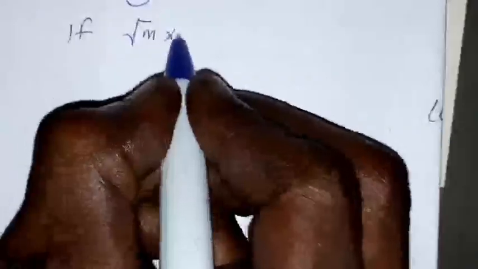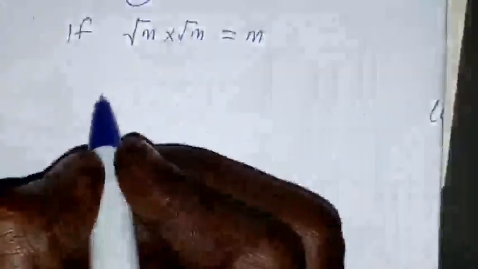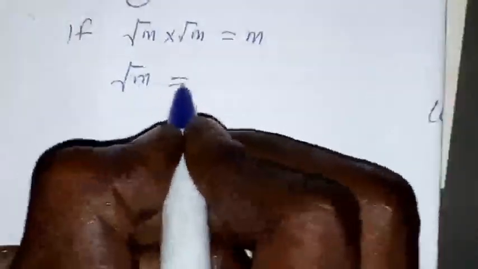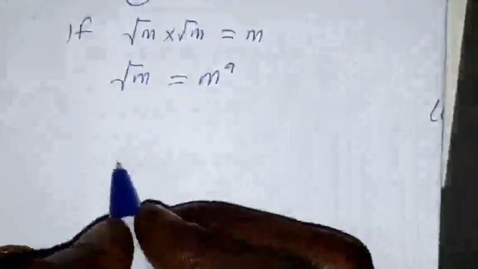Let us show something here. If root of m times root of m is equal to m, and then let root of m equal m to the power of a.